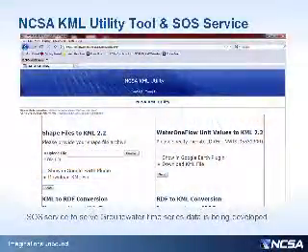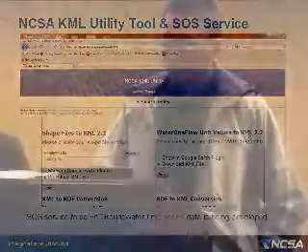We have developed some small tools just for participating in this interoperability experiment, including a KML utility tool which can convert shapefiles to KML, a tool that converts a quasi water service to KML, and then KML to RDF, RDF to KML, and those kinds of utility tools, so that people can use them relatively easily. We also implemented an SOS service to publish groundwater time series data based on NCSA's own technology, the streaming data API and Tupelo semantic middleware.